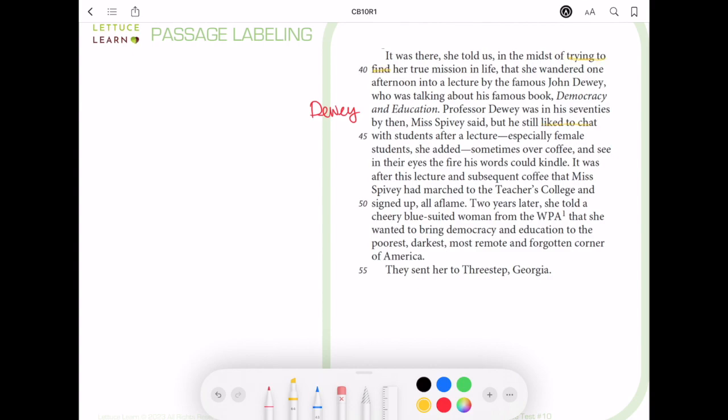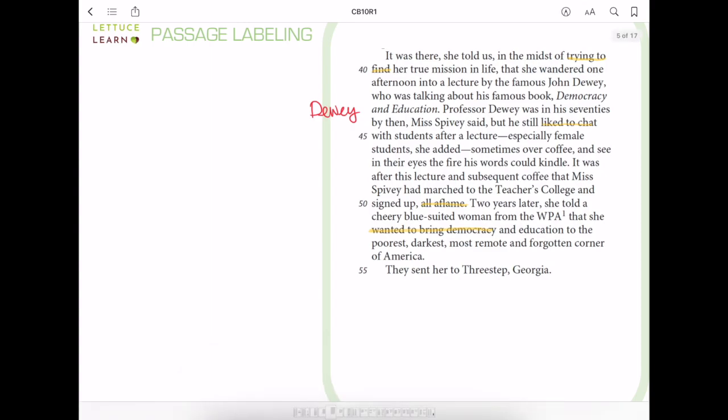Dewey likes to chat, and then it says, she was all aflame. She wanted to bring democracy. There are some attitudes right there. So, it looks like right now we're talking about Spivey and Dewey and their personalities. Moving on.